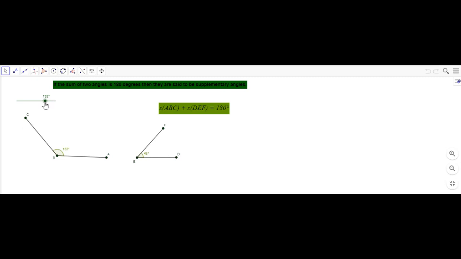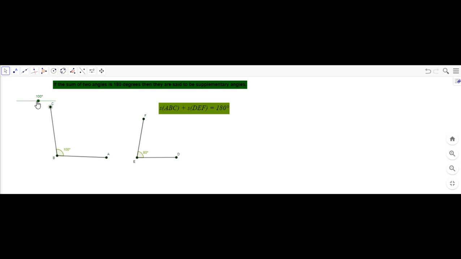When I change the degree of the angle ABC to 100, the other angle DEF should be 80 degrees because their sum cannot change. Their sum should be 180. You can see that one of the angles should be an obtuse angle.